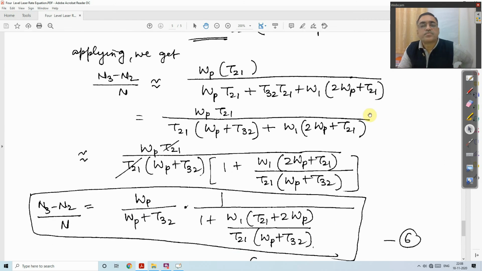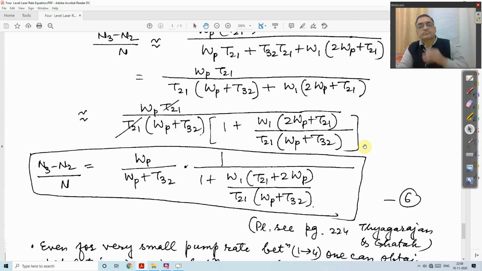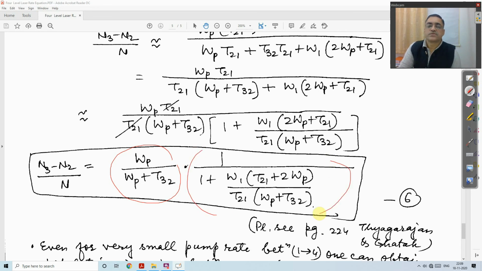What we obtain is WP T21 divided by, pulling this term out, and we write it in an interesting form, WP divided by WP plus T32, and the rest within this bracket in terms of W1.